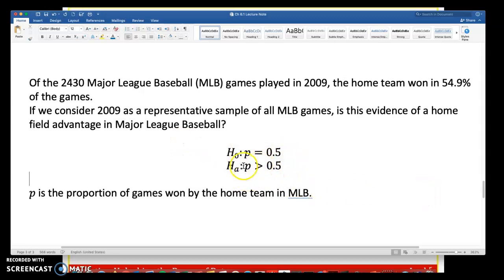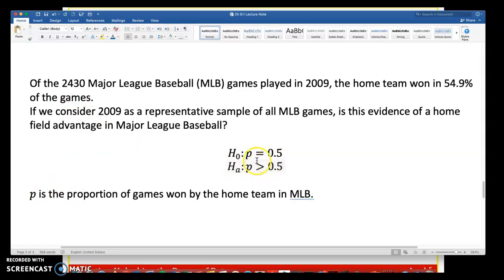So connecting the hypothesis and my description, hope this makes a little bit more sense why we set the alternative to be greater than 0.5. p is the proportion of games won by Major League Baseball home teams. It should be greater than 50% if there's a home team advantage. And the sample says, yes, it is over 50%. The question is, is it over enough?